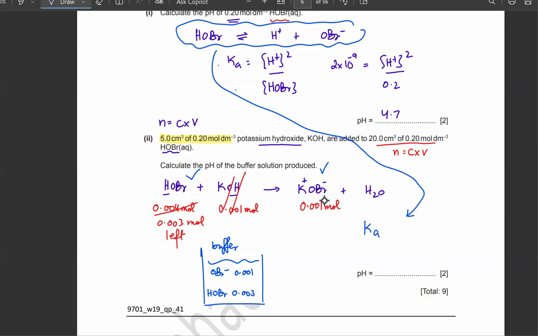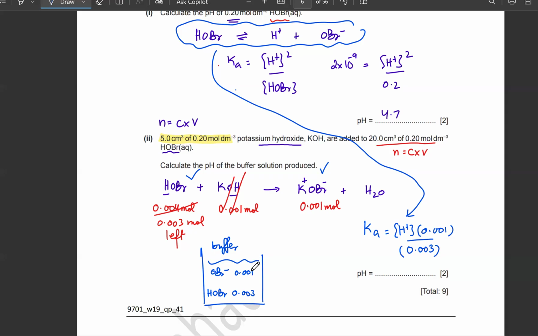So my K expression would be [H+] times [OBr−], which is what? 0.001, divided by my HOBr concentration, which is what? 0.003.